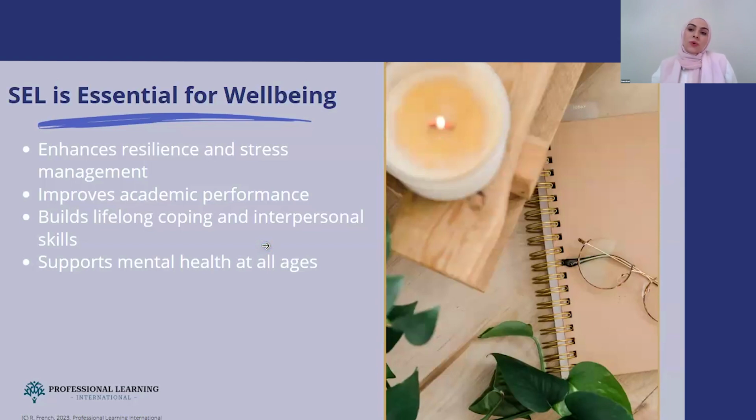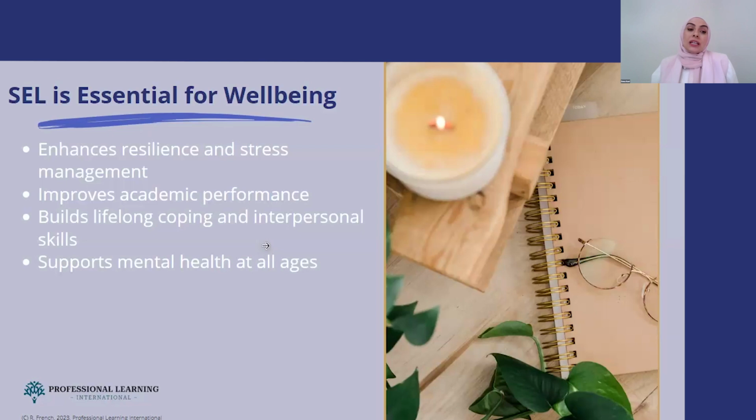And we all know that students and adults are struggling with a lot of issues regarding mental health. And we really need to just talk about it as educators and see what we can do. Because as I said, we are all change makers and we can really make a change in our students' life if we decided to focus on social emotional learning.